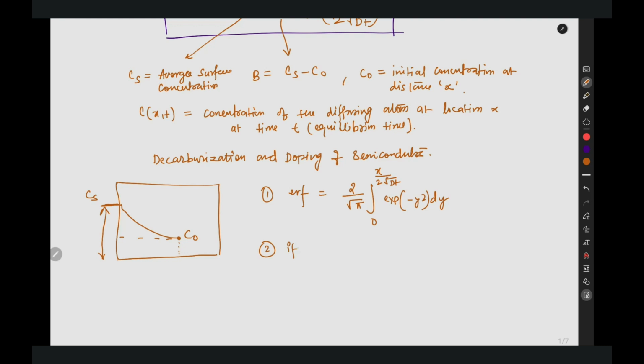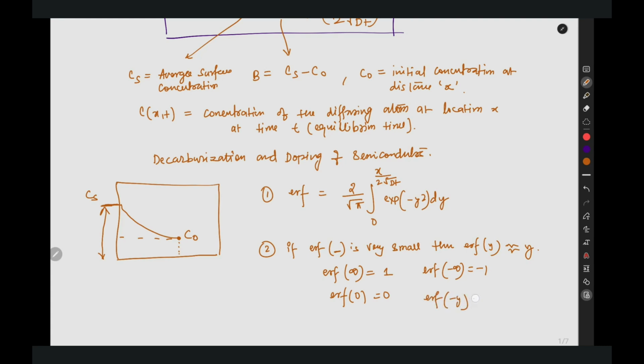Second, if y is very small, then erf y becomes almost y. Erf infinity becomes 1, erf minus infinity becomes minus 1, erf 0 becomes 0. As this is an odd function, erf of minus y becomes minus erf y.